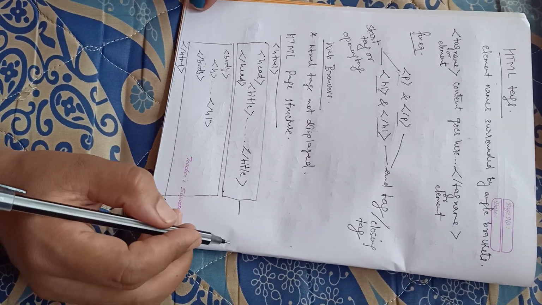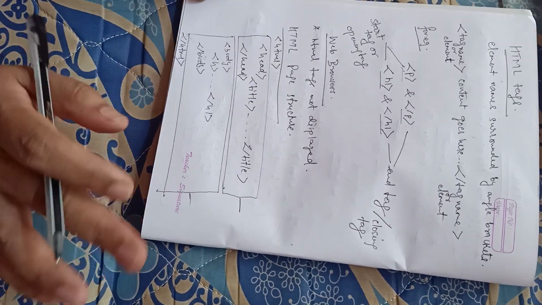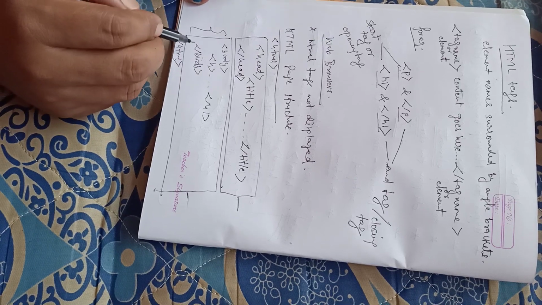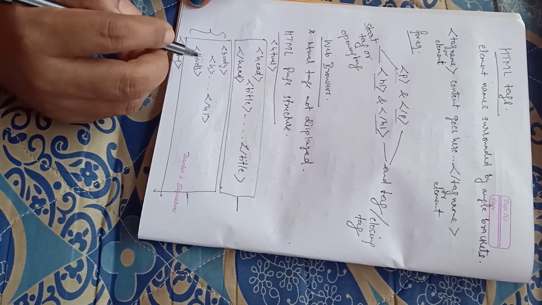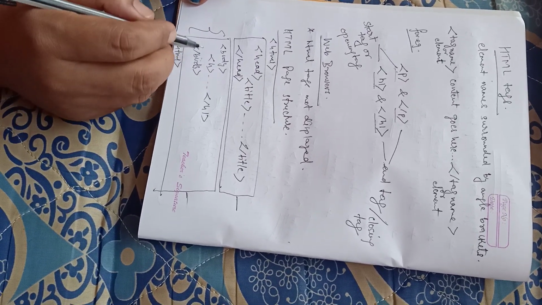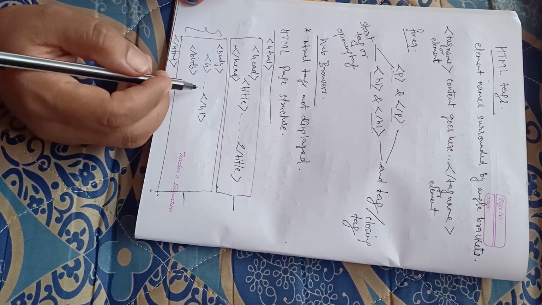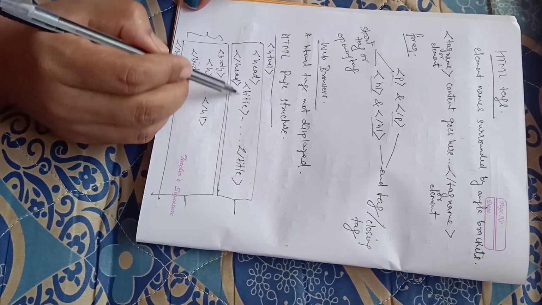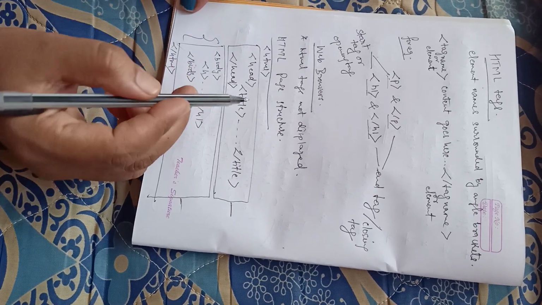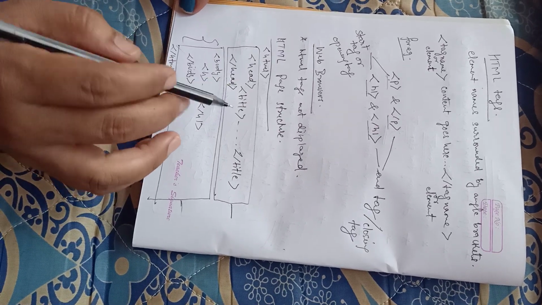So this is my head portion and this is my body portion. These are the contents which are displayed. The body portion consists of the contents to be displayed on the browser, and the head consists of data about this total file.